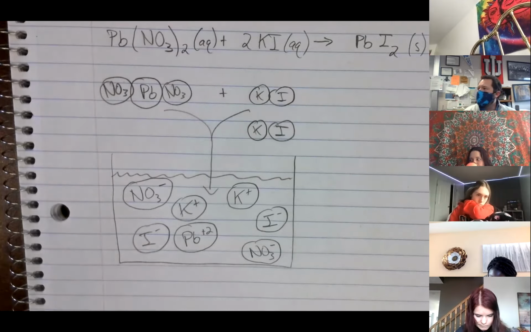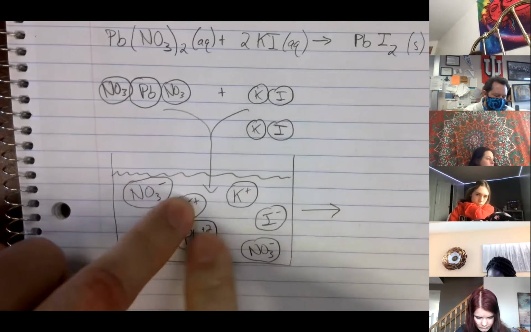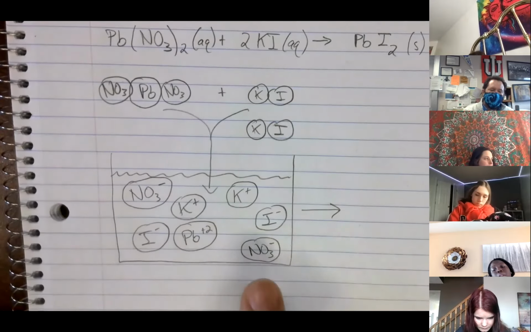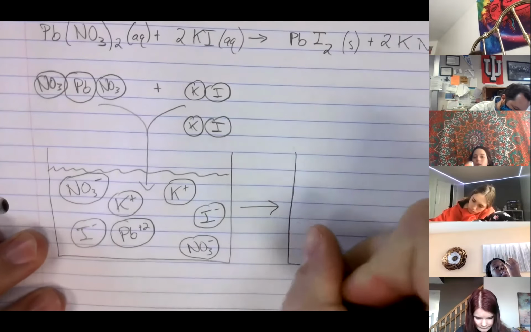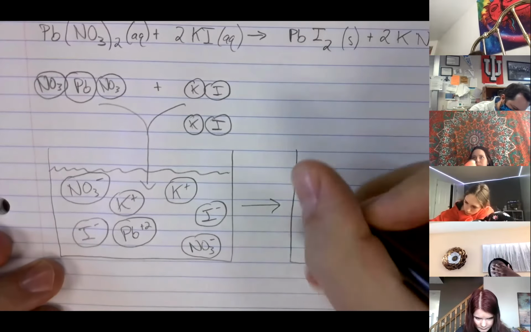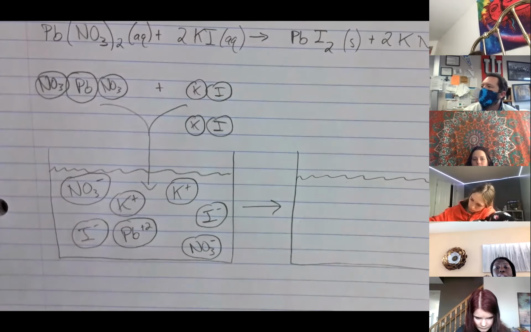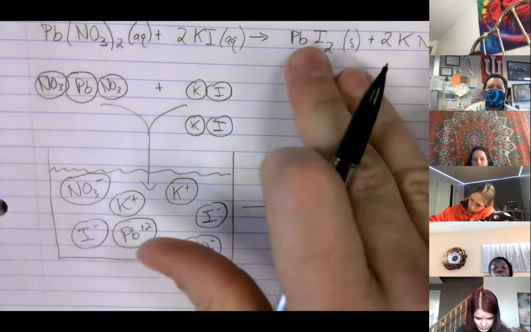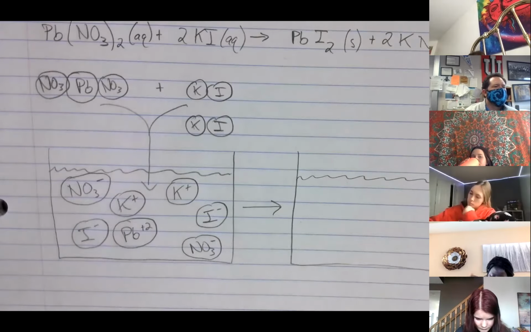Too small to see now. We don't see a white crystal. All right, so now that all of the bonds are broken, we can form new bonds and our chemical reaction can occur. First of all, looking back up at the balanced chemical equation, what is still an ion? What is still dissolved in here?